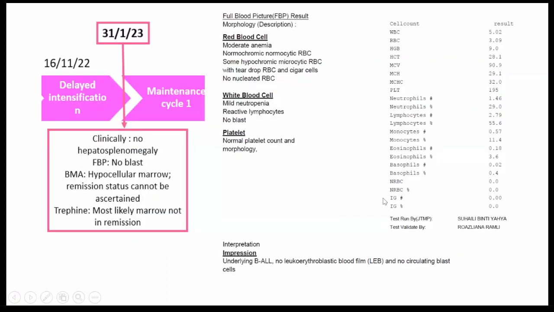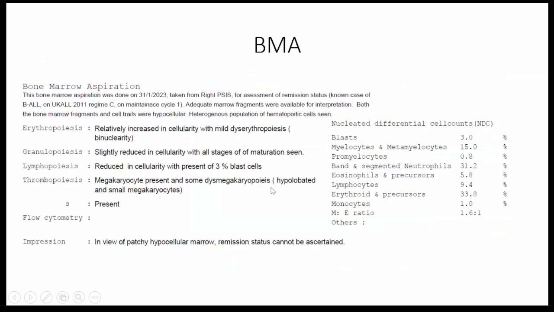So our main concern is here: after completing delayed intensification, the patient is actually in remission, the blood film supports that there are no circulating blast cells, and the counts have recovered. Based on the marrow, as it is still patchy hypocellular, the remission status cannot be ascertained.